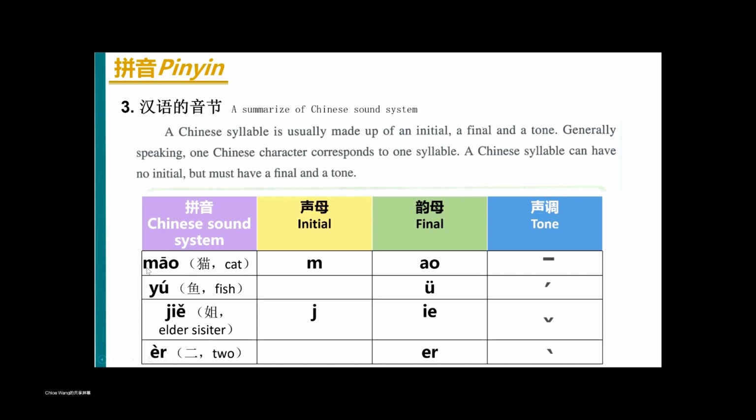For example, 猫 means cat. For 猫, the initial is m, the final is ao, and we are using the first tone here.